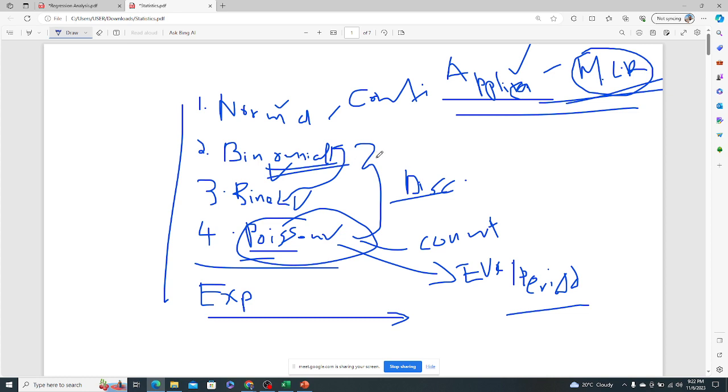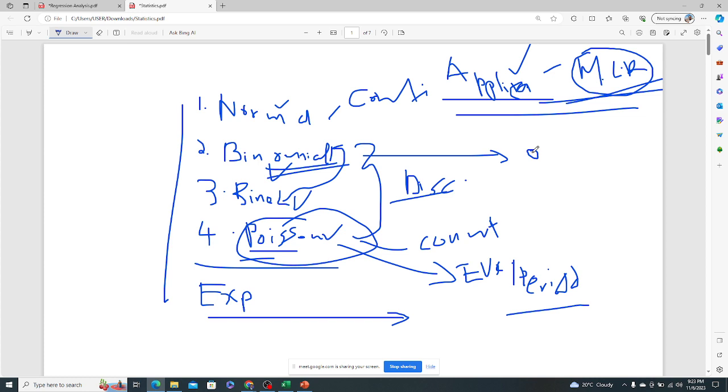Then when we are talking about binomial distribution, we'll be talking about outputs, like two outputs or two results at the end. For example, it is a win or a lose.